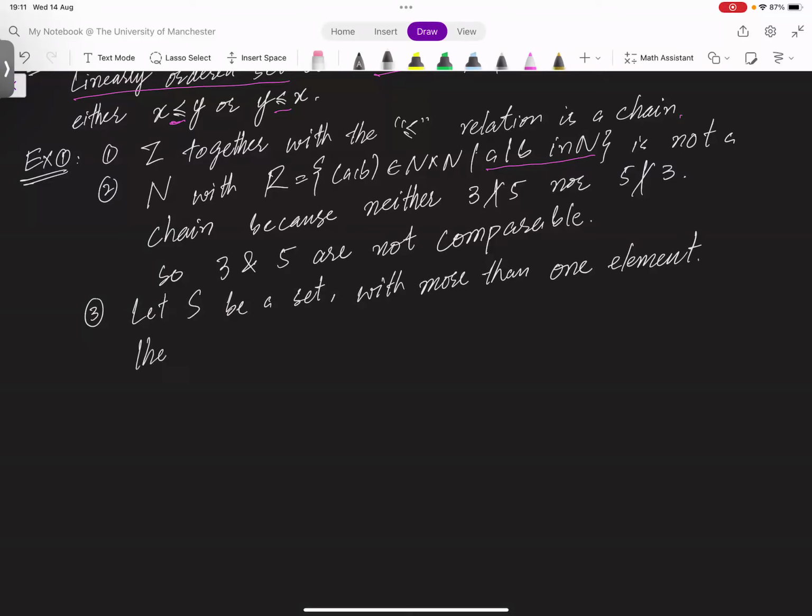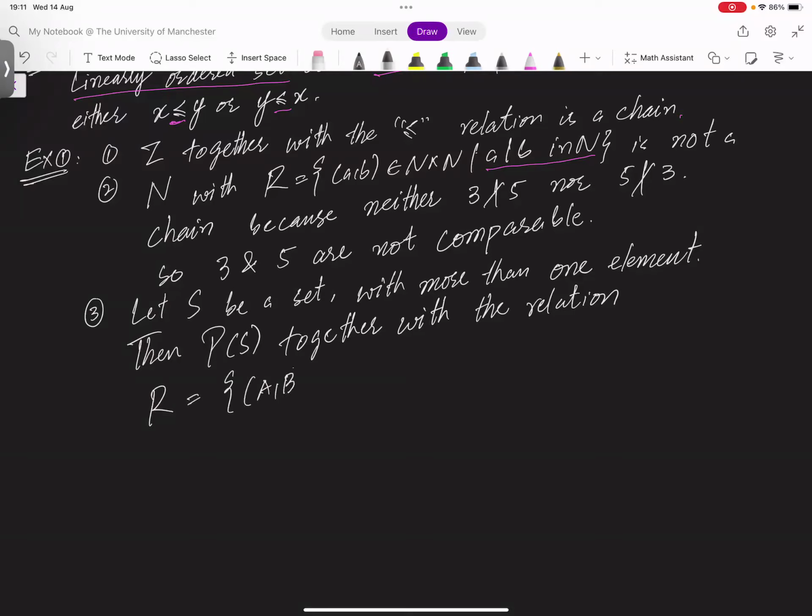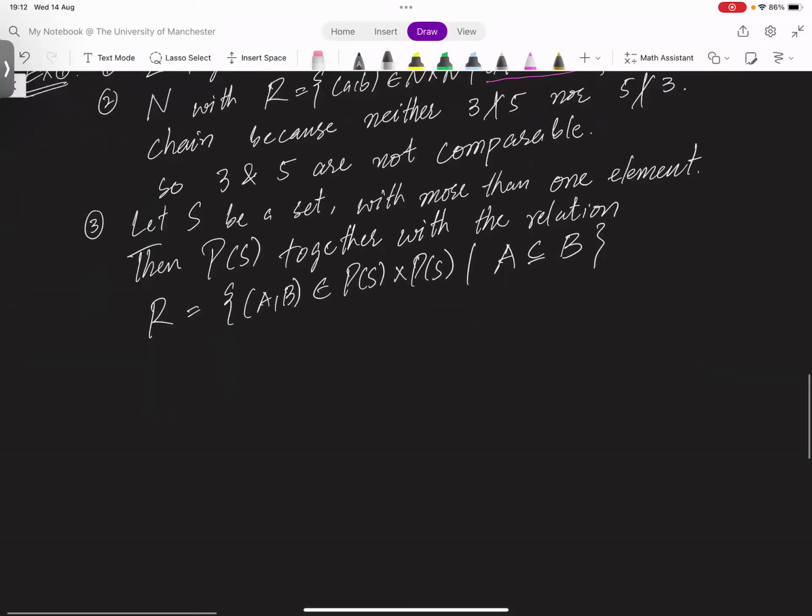Then the power set of S together with the subset inclusion relation R, which takes subsets from P of S cross P of S and says that A is a subset of B, is not a chain.